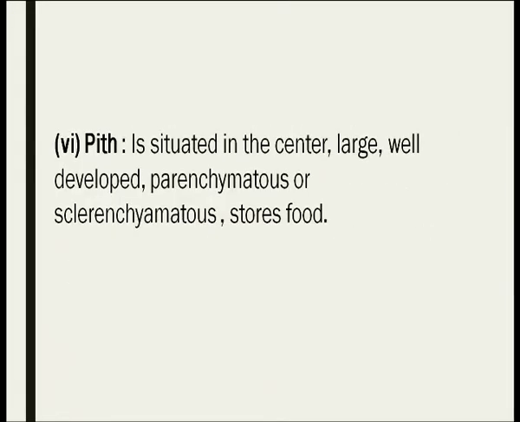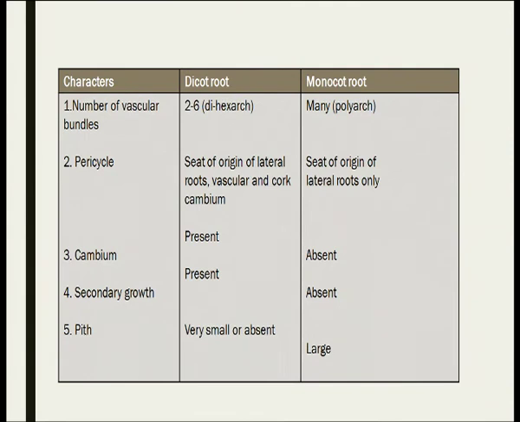Now let us differentiate dicot and monocot roots. So, you can see in this table that the number of vascular bundles, if you see on the top of the table, dicot roots can have 2 to 6 vascular bundles, but monocot root has many bundles.